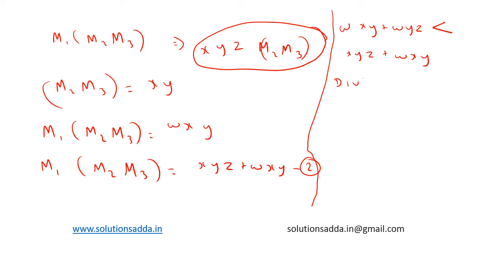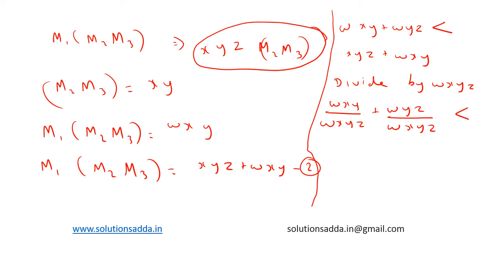Divide this equation by WXYZ. We will be getting WXY by WXYZ plus WYZ by WXYZ will be less than XYZ by WXYZ plus WXY by WXYZ.